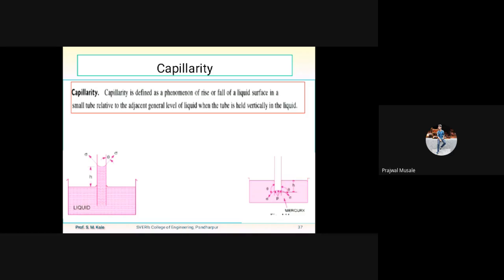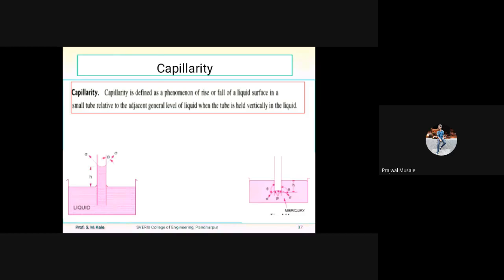Keep in mind that the surface tension phenomenon occurs mainly because of the cohesive force of attraction, whereas the capillarity phenomenon occurs mainly because of the cohesive as well as adhesive force of attraction.